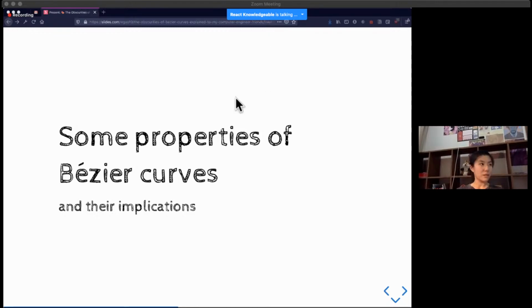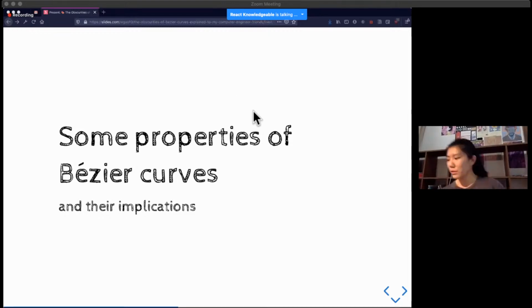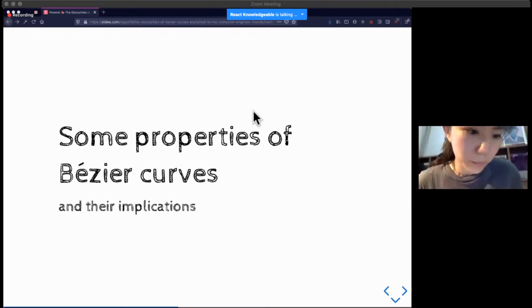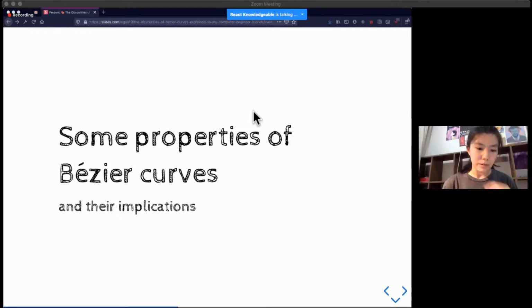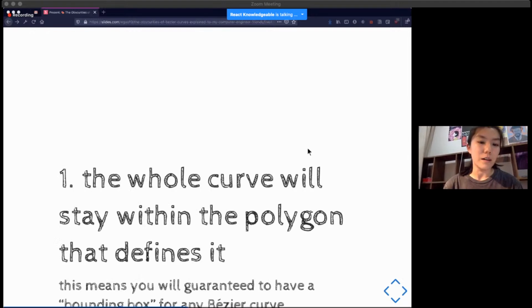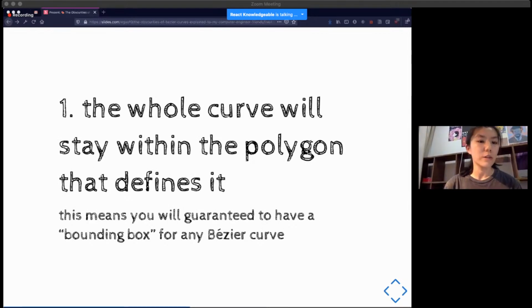So next, I want to share with you some of the properties of Bézier curves. Okay, first is the fact that the whole curve will stay within the polygon that defines the curve. What this implies is you are guaranteed to have a bounding box for any Bézier curve.